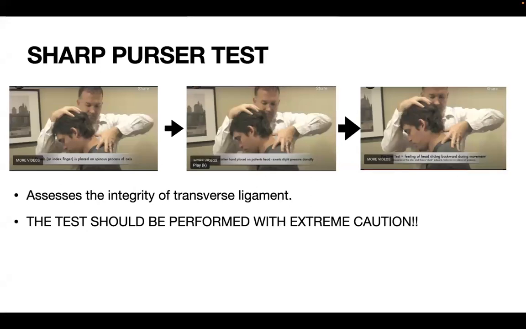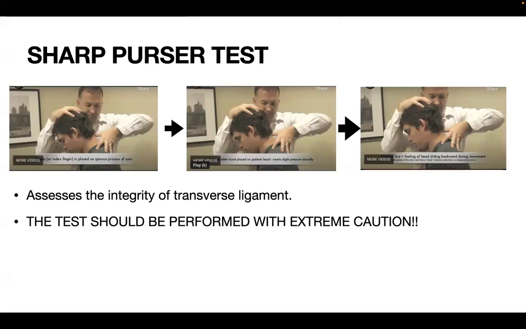This is one test described in literature for demonstrating cervical instability, called the Sharp-Purser test. In the initial image, the examiner holds the neck in slight flexion and keeps his thumb on the spinous process of the axis, with the other hand on the head.